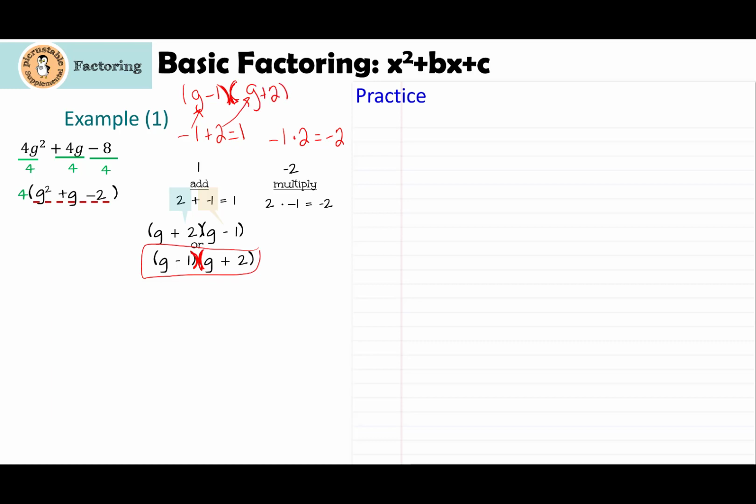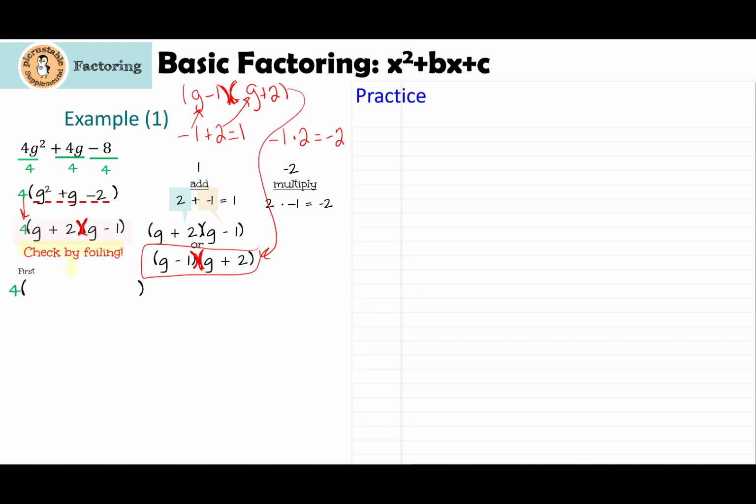So that's how we would get this one. But remember, they're exactly the same. So let's rewrite it here. So we have our 4 on the outside, having them touch, and then we have g plus 2 times g minus 1, perfect. That actually turns out to be our factored form, but we should always check. We should always check by foiling.